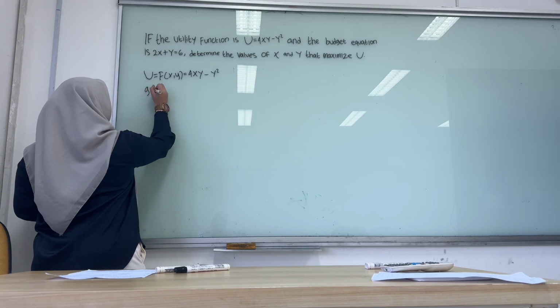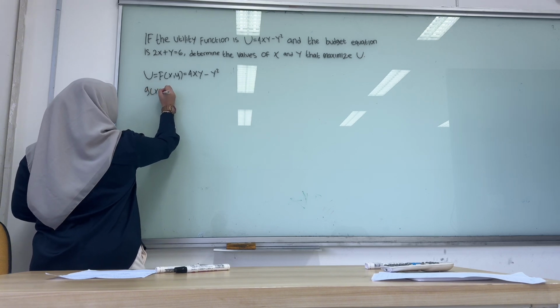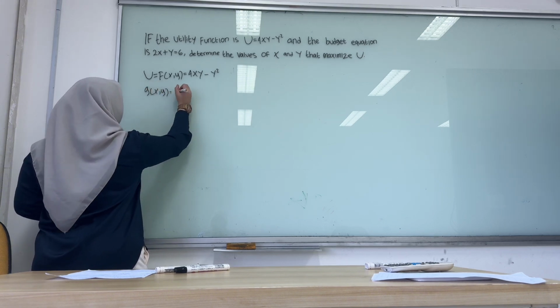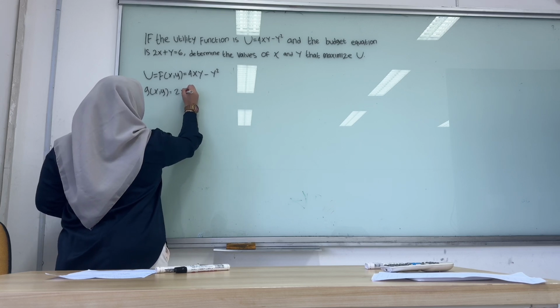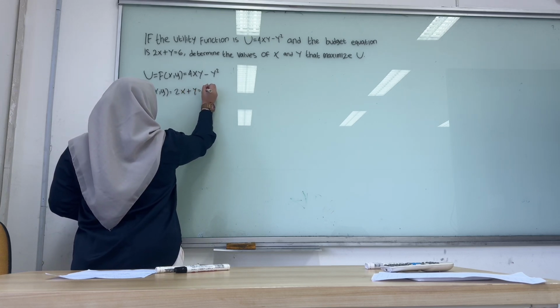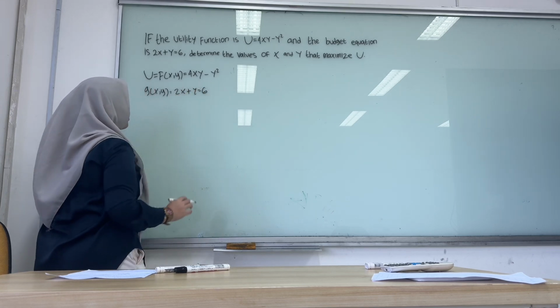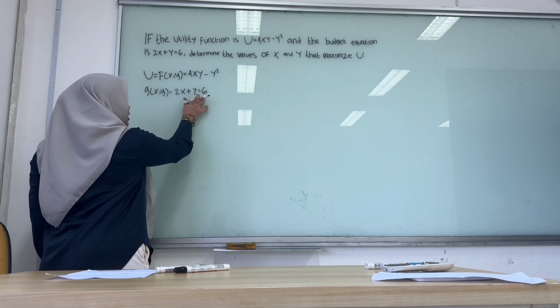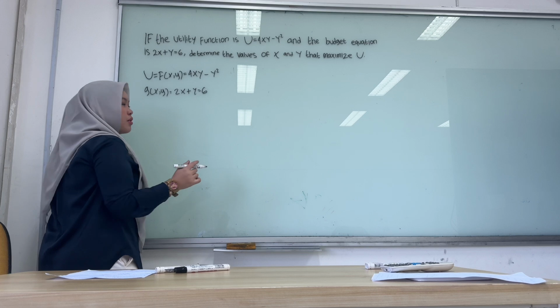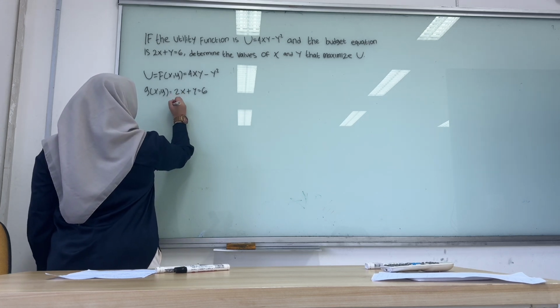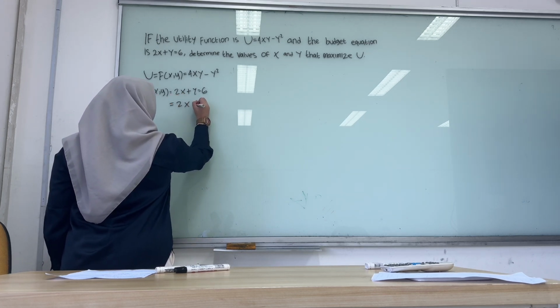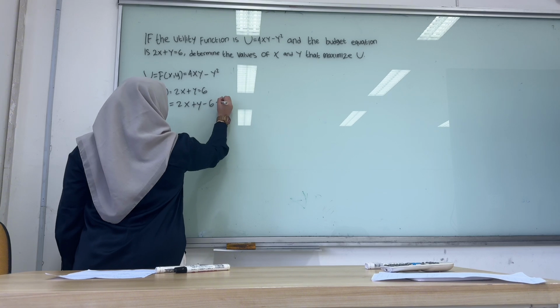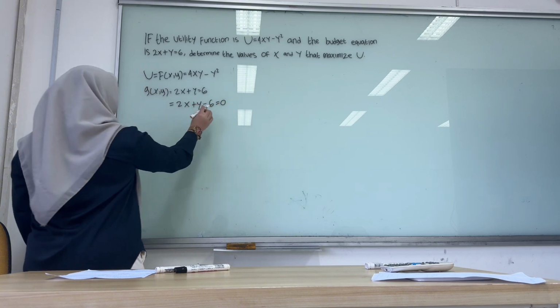So g(x,y): 2x plus y equals 6. If we want to find g(x,y), we need to make this equation equal to 0. So 2x plus y minus 6 equals 0. So this is the g(x,y).